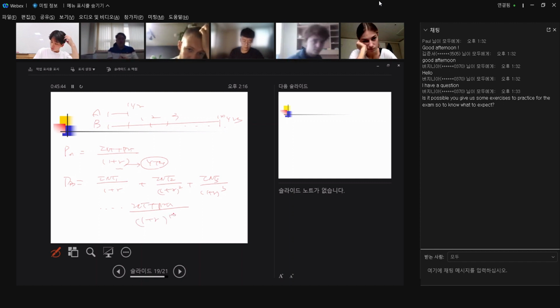Then interest may increase or decrease, right? If interest increases, then the price changes. How does the price change?